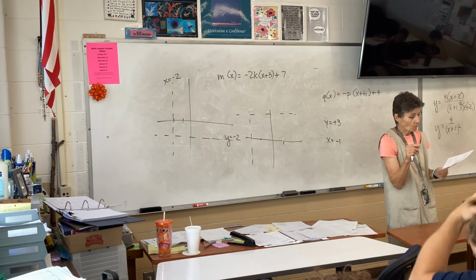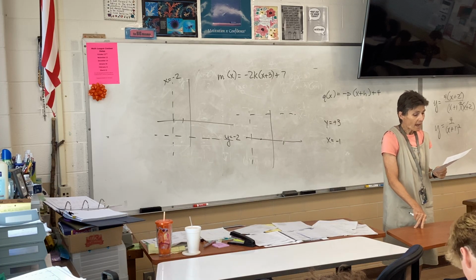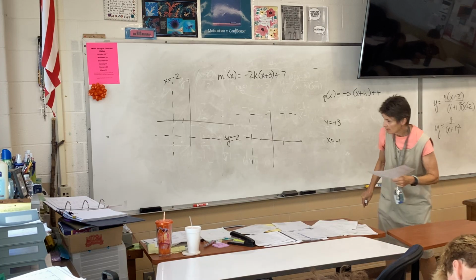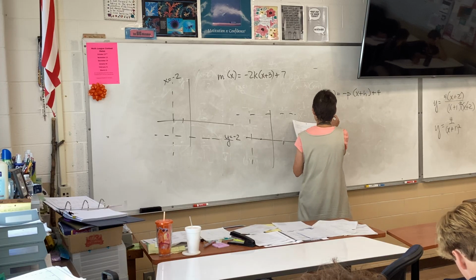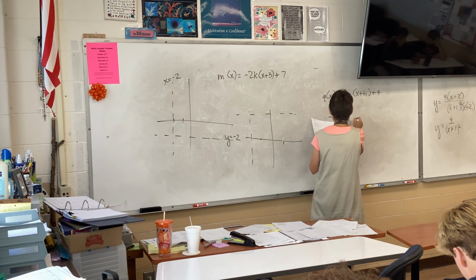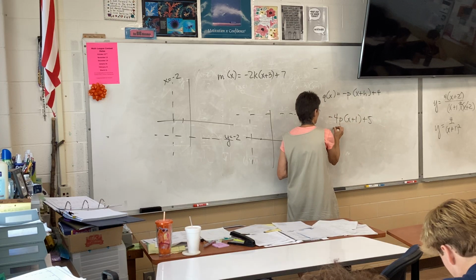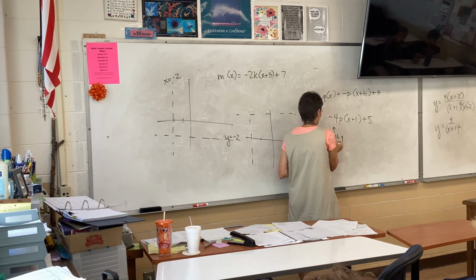Now 4 is what we were kind of just talking about. What is happening in the problem? Keep track of what are the changes that you're making. Negative 4p of x plus 1 plus 5. So what are we doing? We're basically multiplying the y's by negative 4, right?